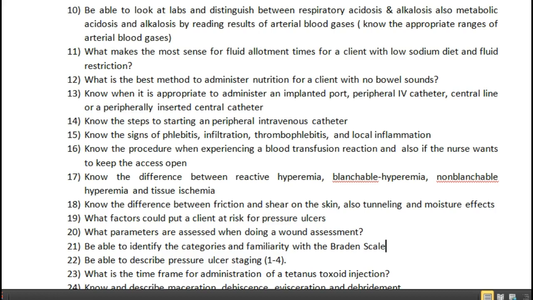As far as the next question, know the steps to starting a peripheral intravenous catheter.